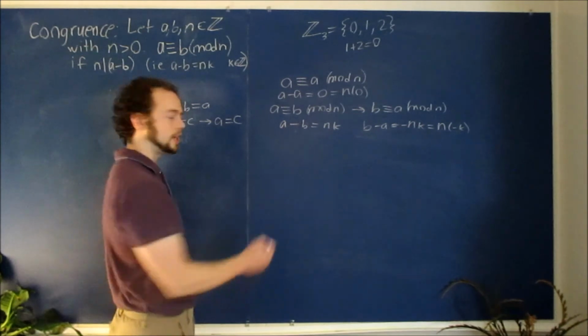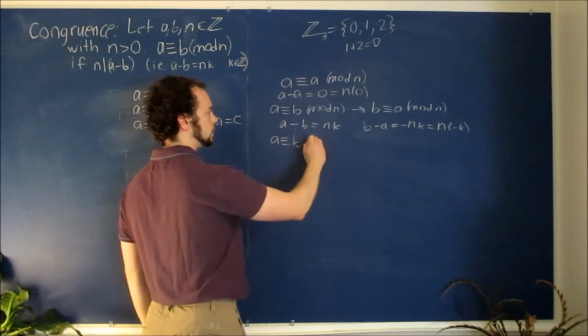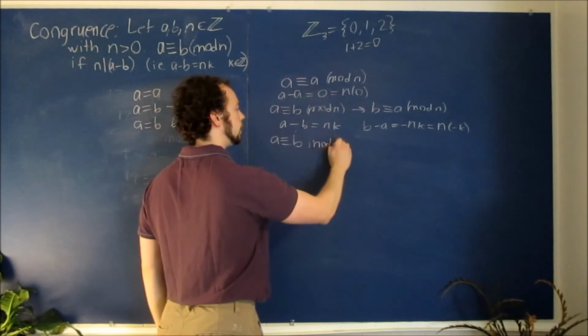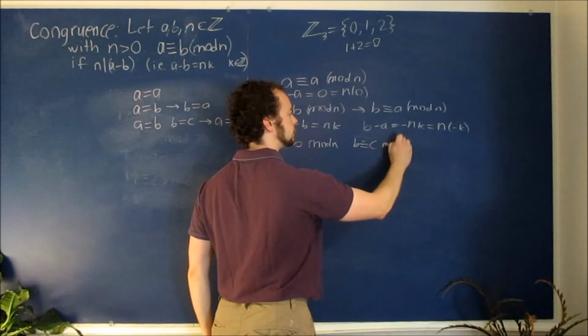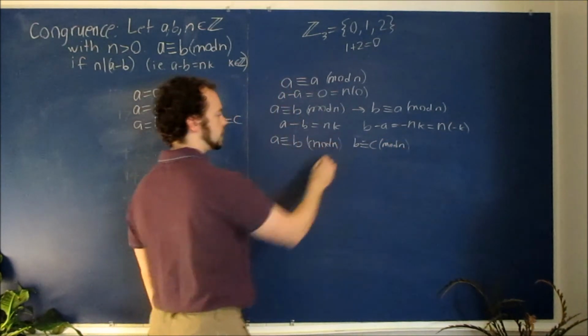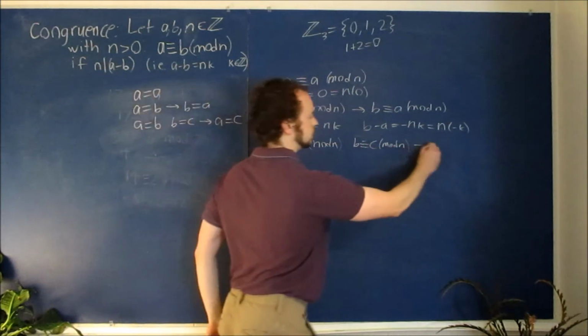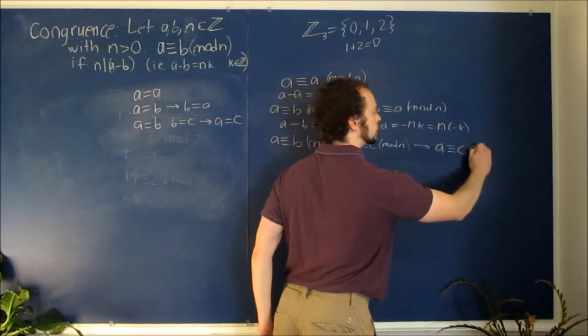Now, what about transitivity? Well, if we have a congruent to b mod n and b congruent to c mod n, does this imply that a is congruent to c mod n?